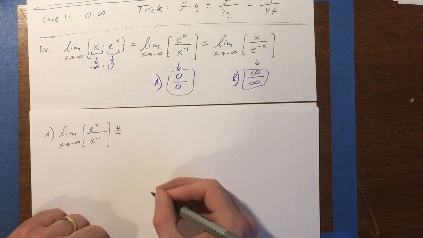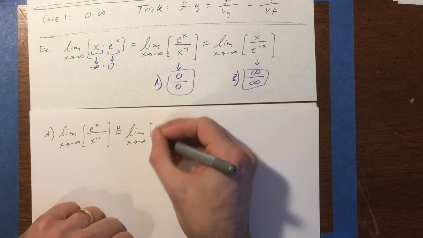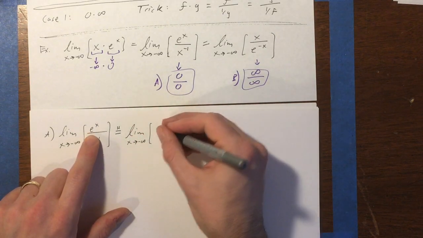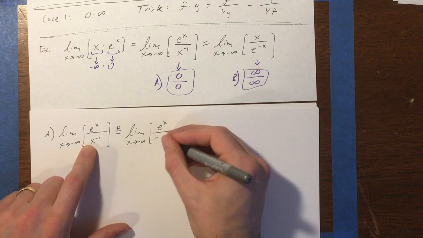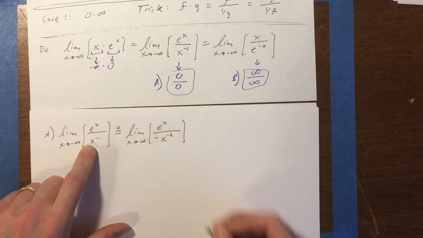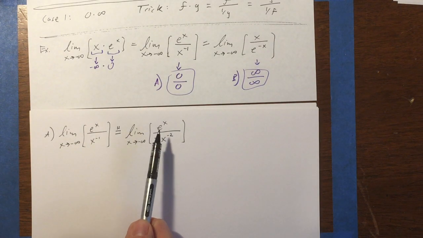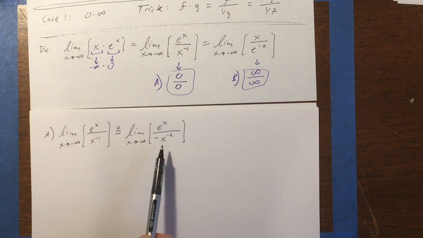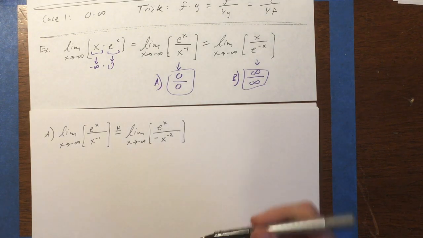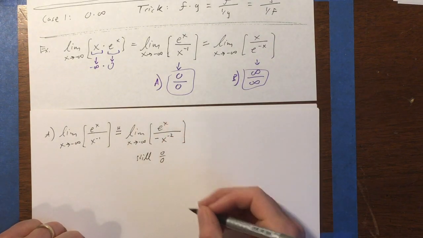Apply L'Hopital's rule, because that's 0 over 0. Okay, the derivative of e to the x is itself. The derivative of x to the negative 1 is negative x to the negative 2, right? Okay, the numerator is approaching 0. The denominator is also approaching 0. So that's still 0 over 0.